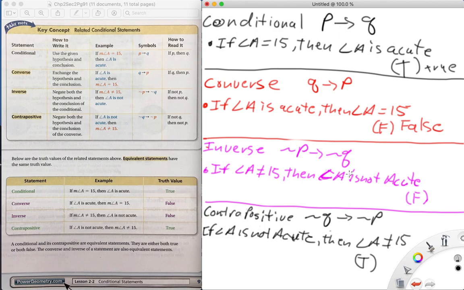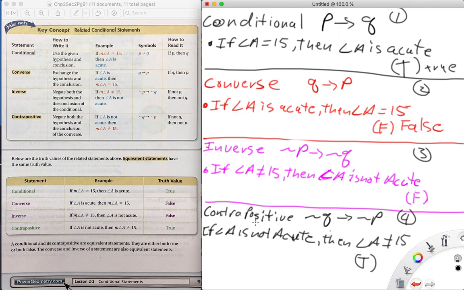So a couple things to note. Let's call this condition number 1 and condition number 4. This is 3. This is 2. Notice that condition number 1, the conditional, and the contrapositive are both true. When you have statements that are both true, those are called equivalent statements.